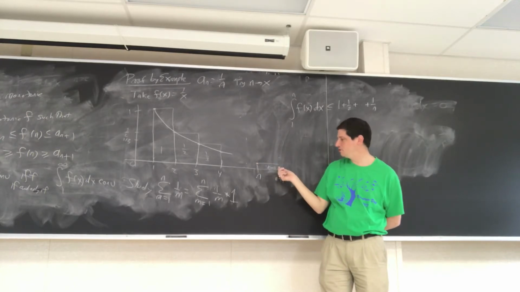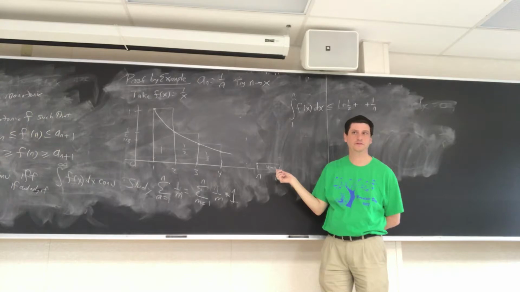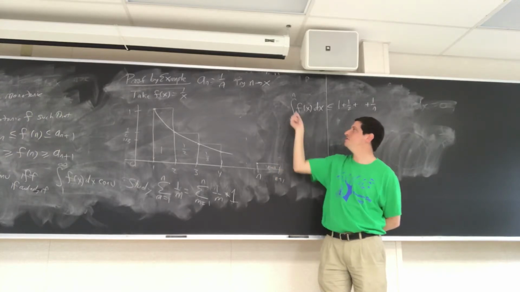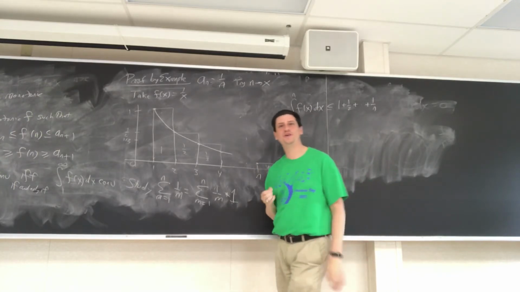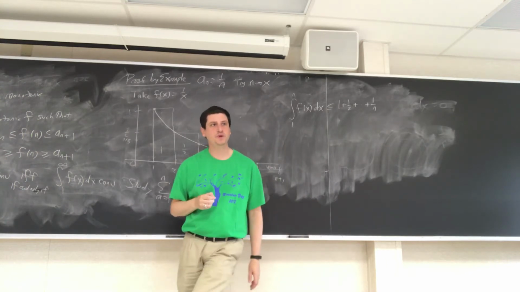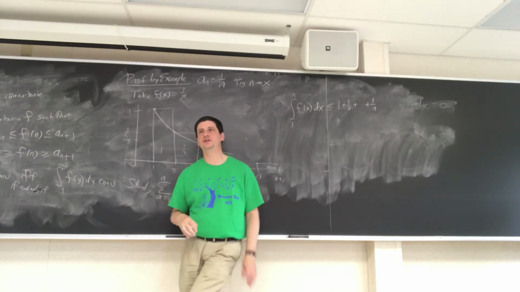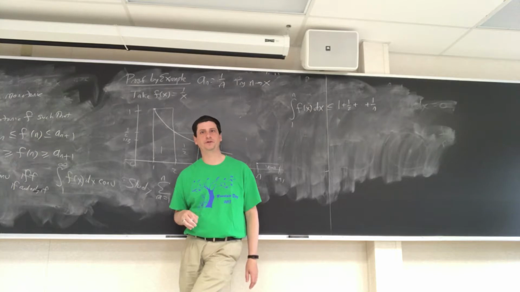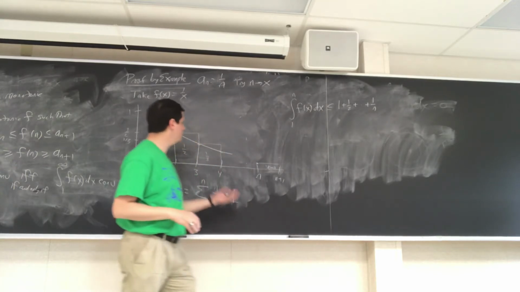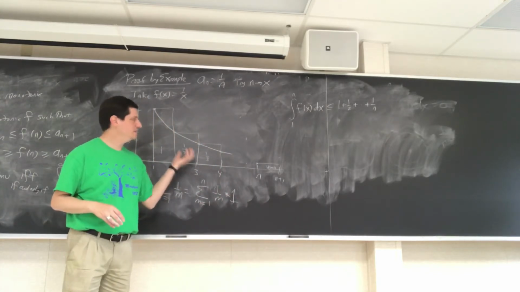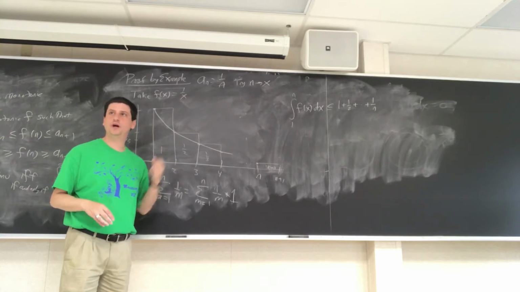Actually, I should really integrate all the way up to n plus 1, right, for that final box. But since it's a lower bound, it's still a lower bound if I drop that. It would just make my result a little bit better to include it, but I don't need it. This is a lower bound. So do we agree that if we look at the boxes like this, the integral is going to be a lower bound for the sum?